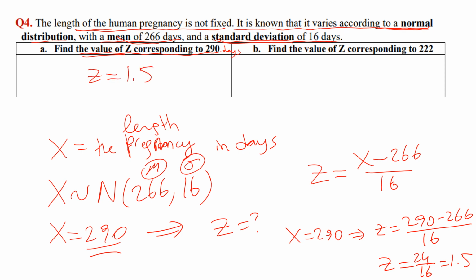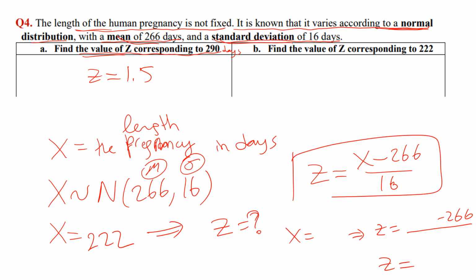In the same way, we can do the second question here: find the value of z corresponding to 222. We will repeat the same thing. X is equal to 222. So what is z? The relation between z and x is this.